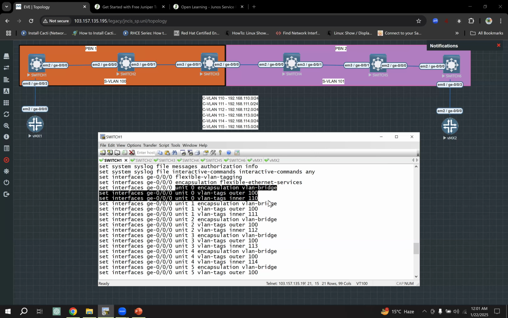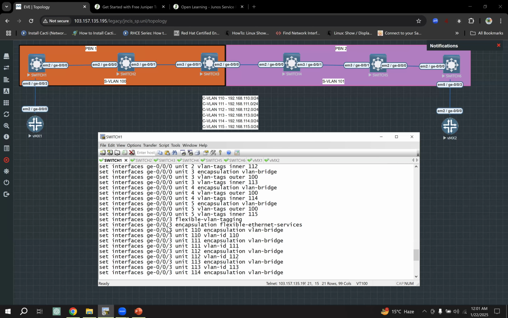The encapsulation is VLAN bridge. In a similar way, this is the logical interface ge-0/0/3 .110. This logical interface encapsulation is also VLAN bridge, and setting the VLAN ID 110.